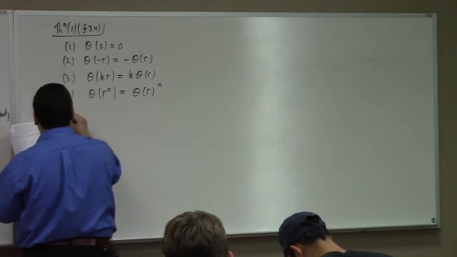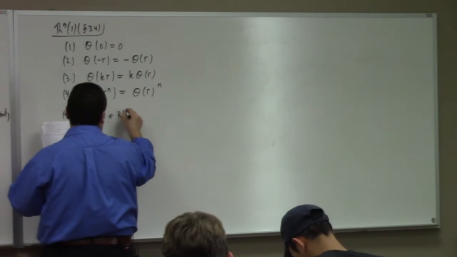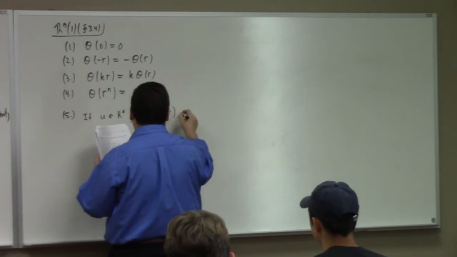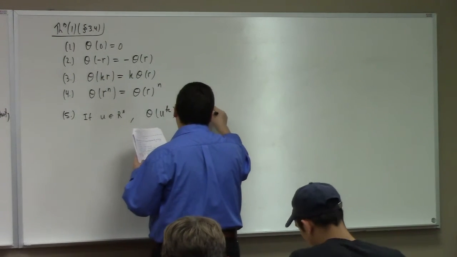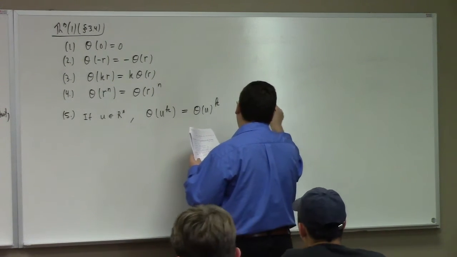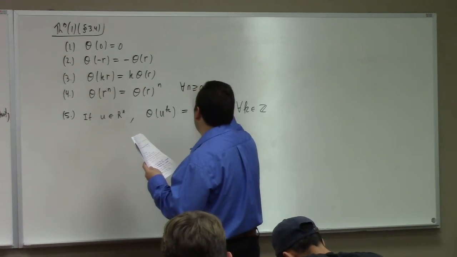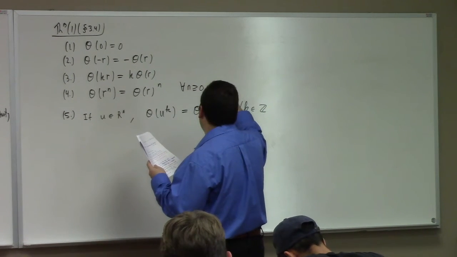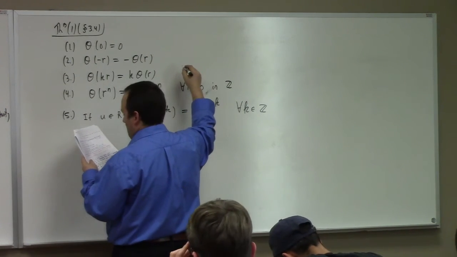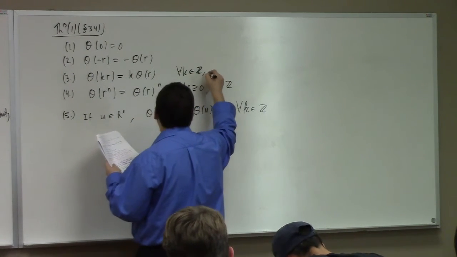I'll add some parentheses there in a second. 5, if u is a unit in the ring, then theta of u to the integer power k is equal to theta of u to the integer power k for all possible integer powers. The one above is for all n greater than or equal to 0 in Z. And this one is for all k in Z.